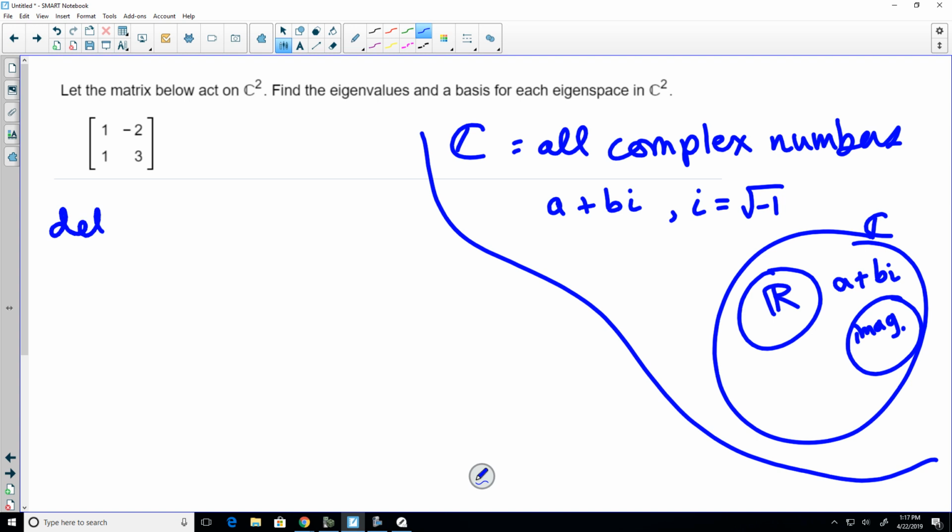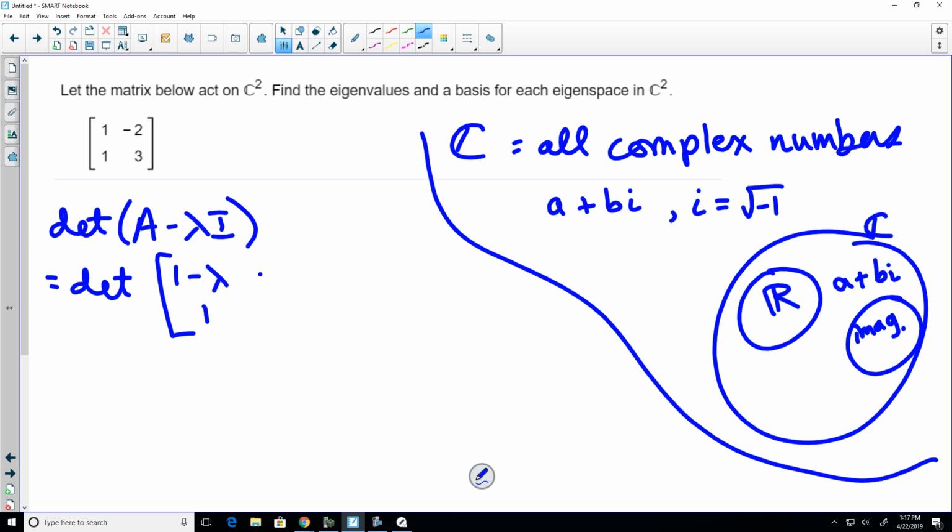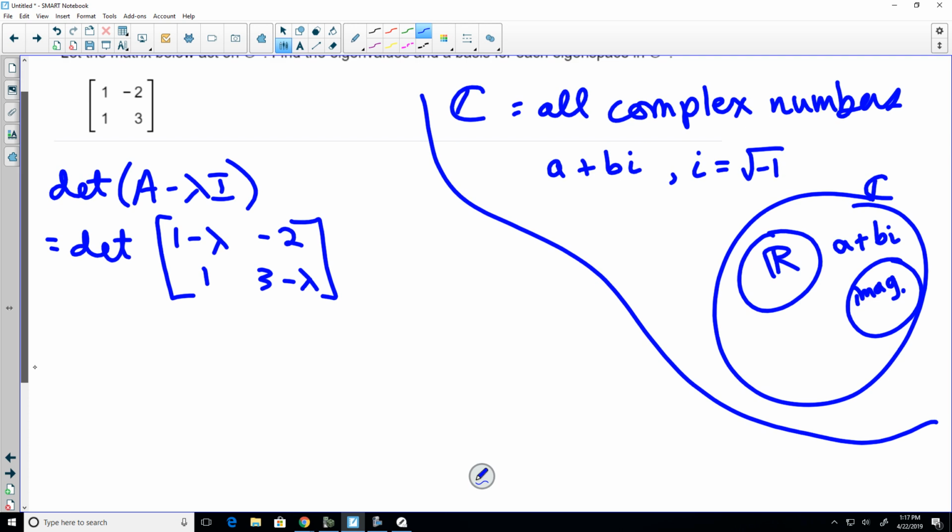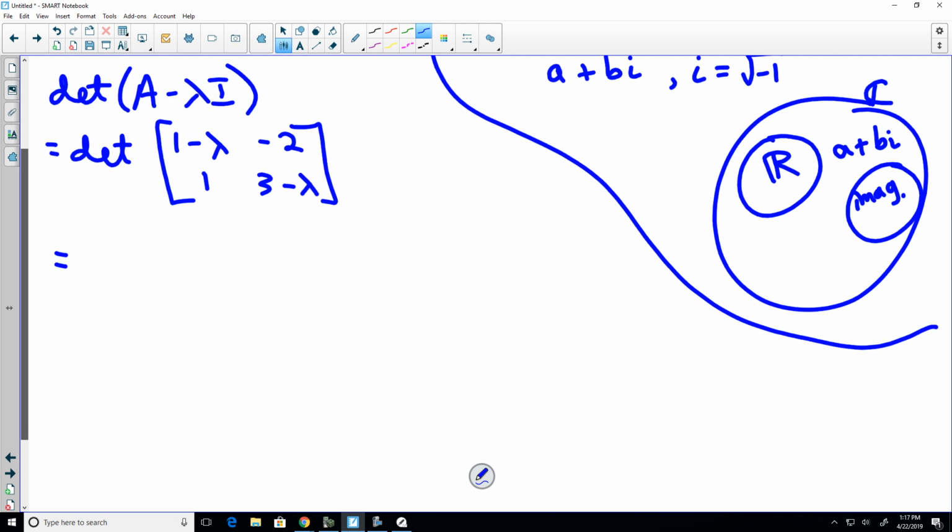We need the determinant of A minus lambda I. We subtract lambda from the main diagonal. So multiply that diagonal, multiply the other diagonal, times -1.